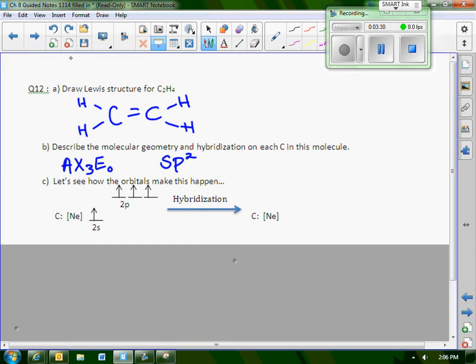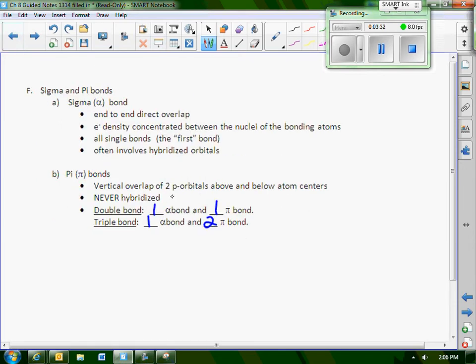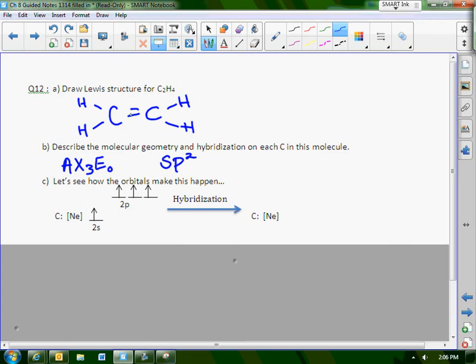Remember, pi bonds never hybridize. So the only things that are hybridized here are one of the bonds of the carbon-carbon, one of the hydrogen-carbon bonds, and another hydrogen-carbon bond.